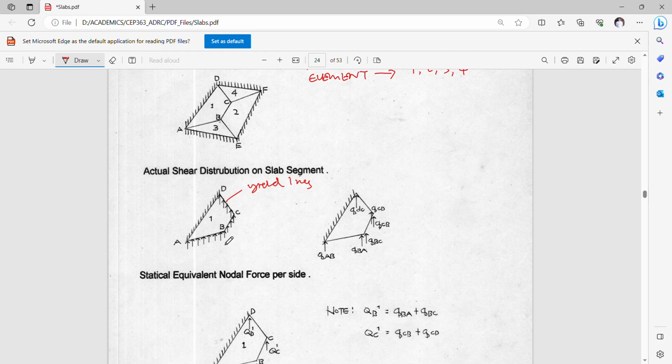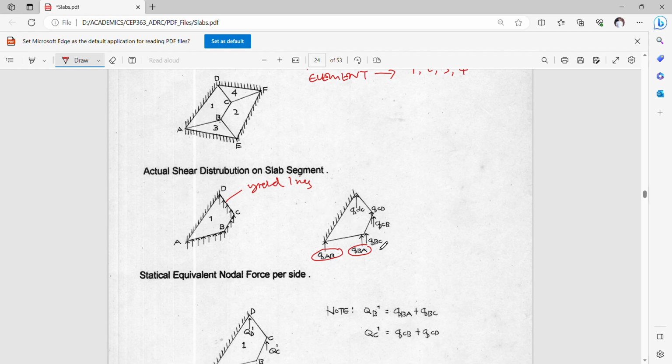And we can simplify this distribution into a nodal distribution by using the nodal directions: QAB and QBA as shear forces contributed by the yield line AB, QBC and QCB for the yield line BC, and QCD and QDC for the yield line CD.